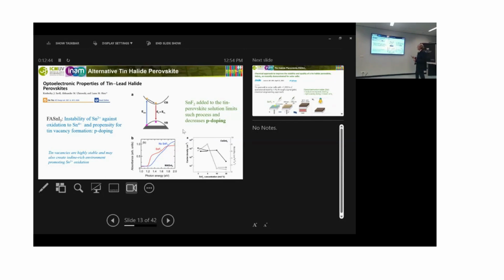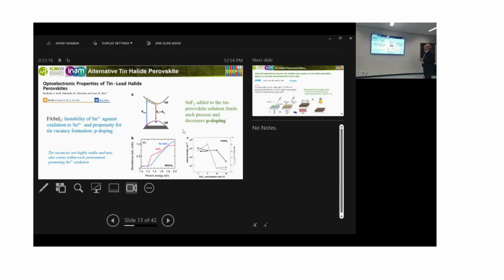However, if we add tin fluoride, in this case we reduce enormously the vacancy because we go back into the tin 2+ oxidation balance, and then we reduce the P doping, like shown here, by the reduction of the absorption edge from 1.4 to 1.2.